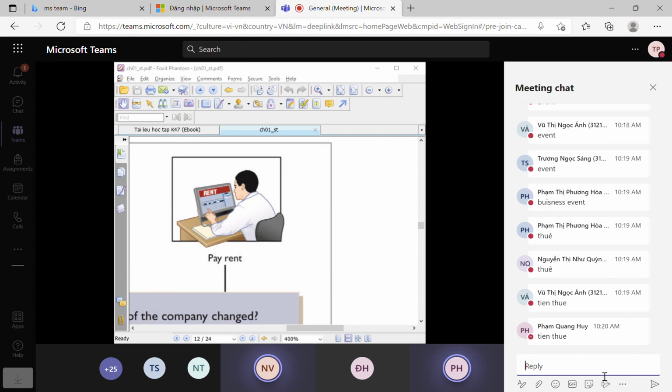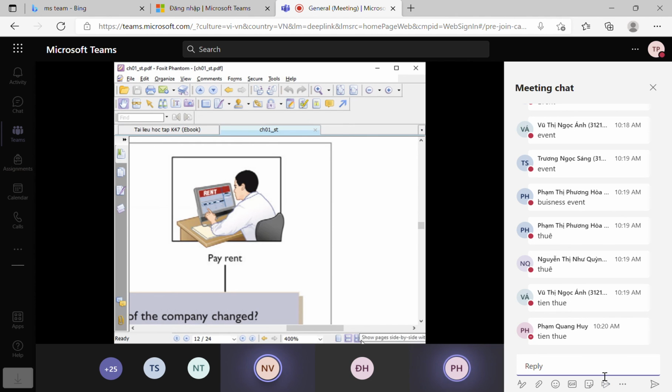That's right. Rent. So, for example, a company rents a house as their office, and every month they should pay 10 million Việt Nam đồng. Is this an event or a transaction?